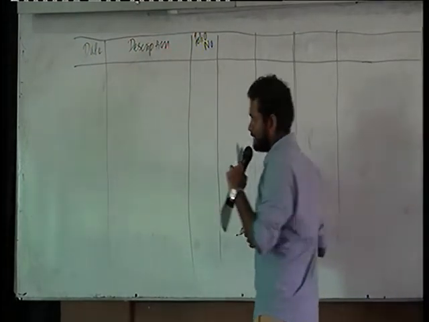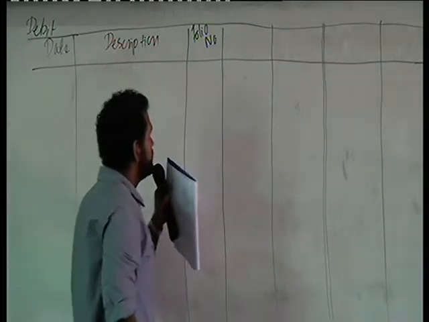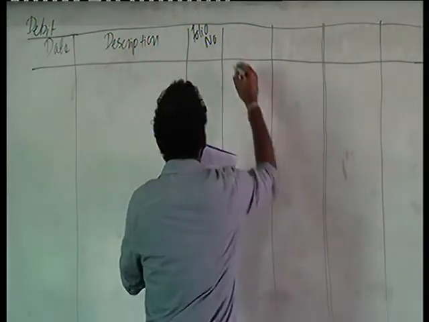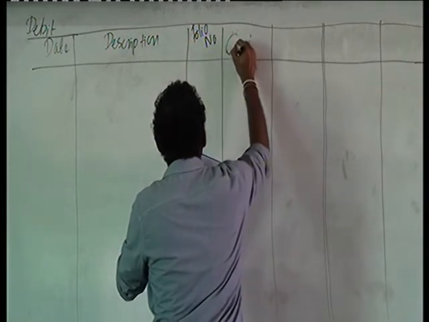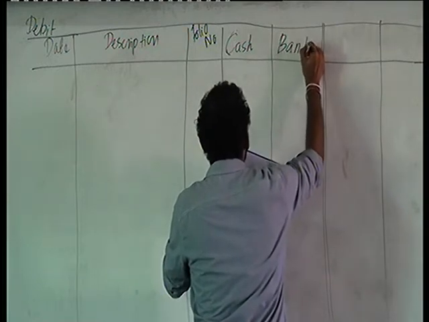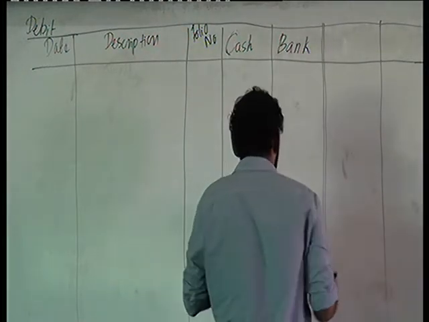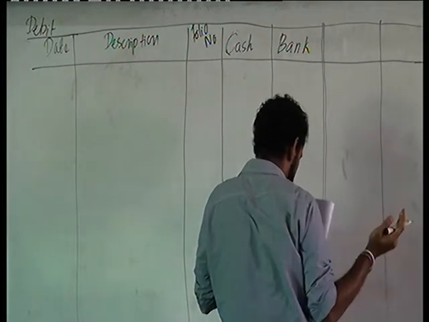Always keep in mind, right side is the credit side and left side is the debit side. I took down the headings. Here it's the cash column, here it's the bank column. And then with the double line, I'm going to segregate the debit side and the credit side.